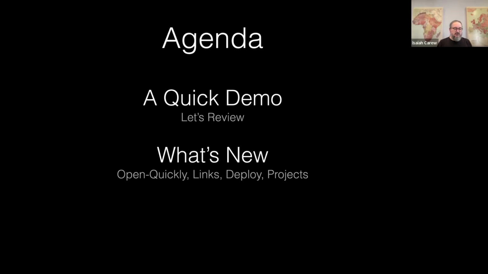We're going to talk about the Open Quickly interface, the new link window, which uses the Open Quickly interface, about deploy, so FTP, and about the project window. That's just some new user interface that's fun to see.